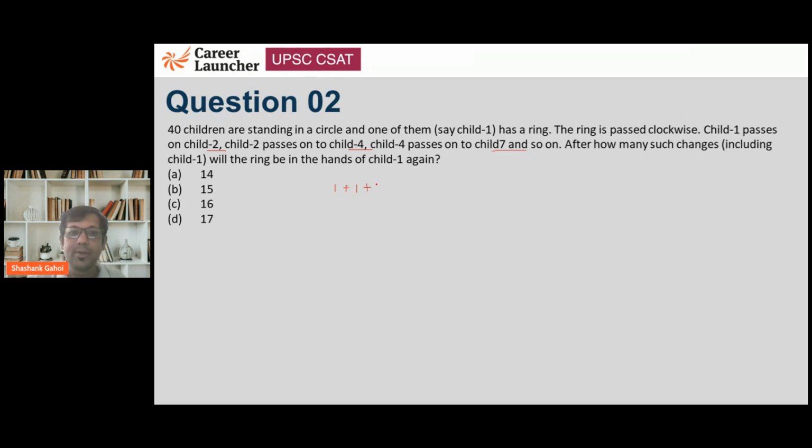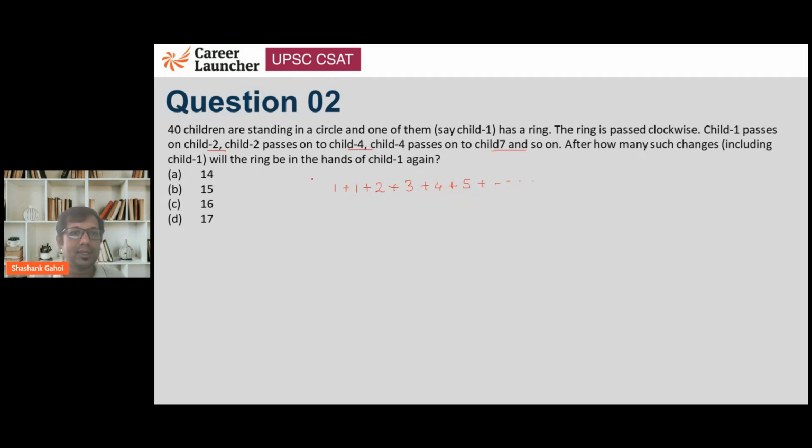The next one is going to be 1 plus 1 plus 2, which is the fourth child on the second movement. Then it goes to the seventh child, then after seventh it is going to be 11th, then 16th, and so on.